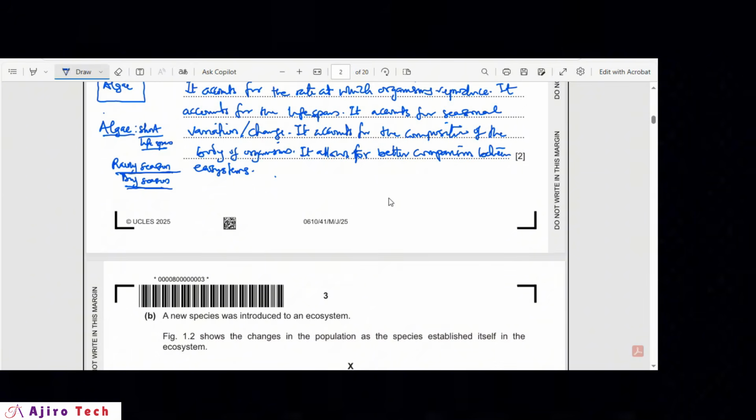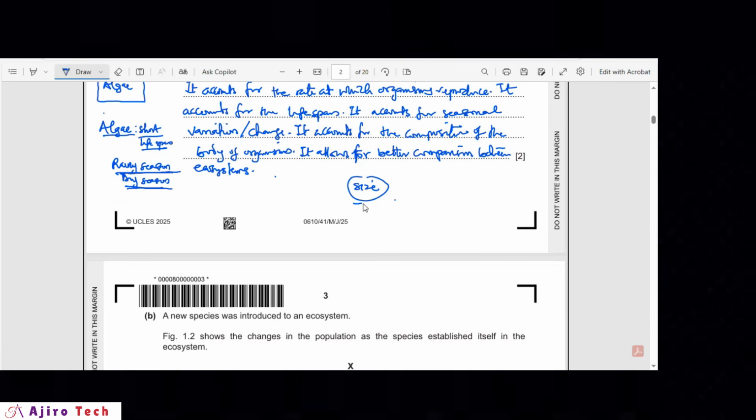it follows one principle, which is energy transfer from one trophic level to another trophic level. It's not 100%. Energy is always lost. That's pyramid of energy. But the pyramid of biomass, which considers the biological mass, the size of the organism, helps us to compare.